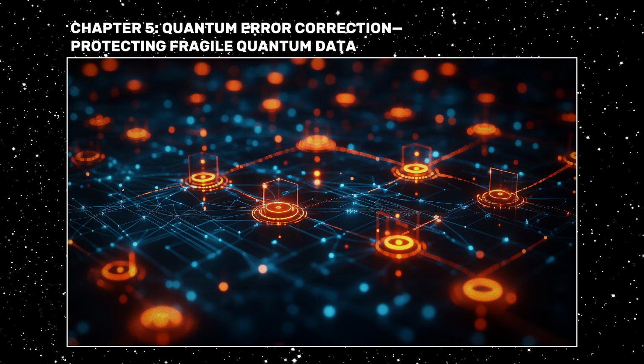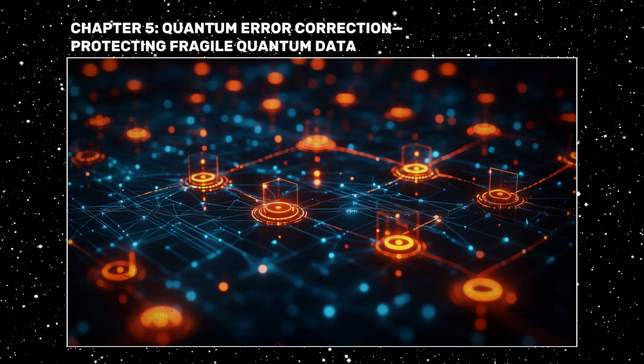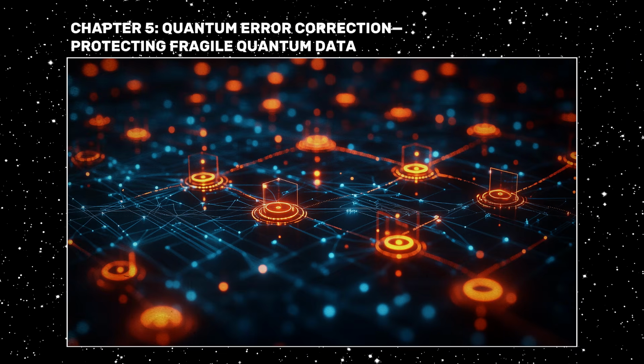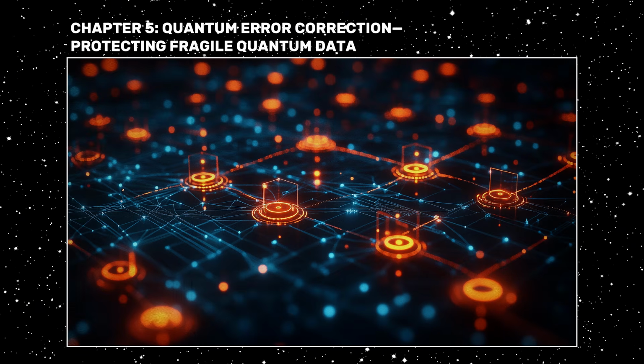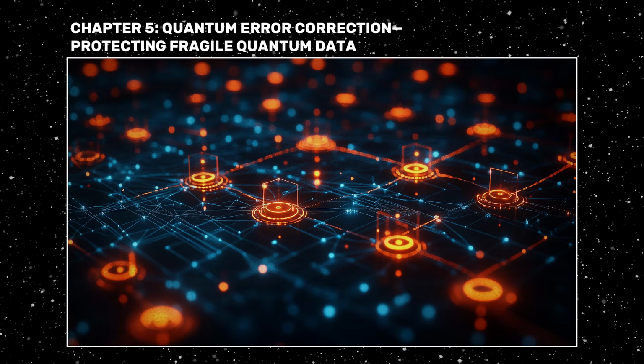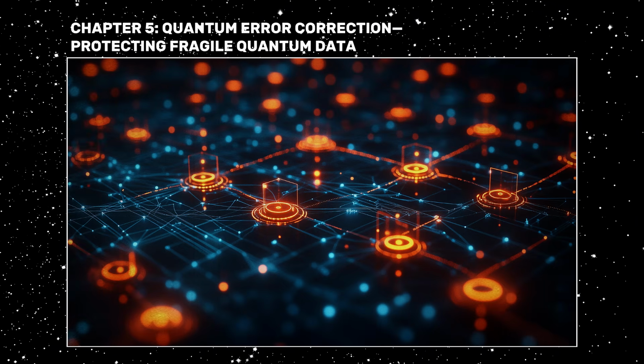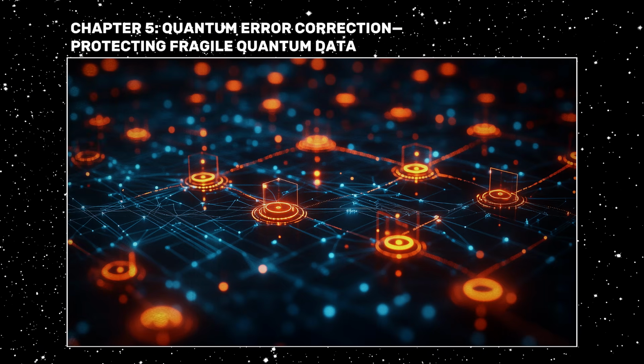Syndrome measurements extract information about which errors have occurred, while preserving the coherent superposition that carries computation. This delicate procedure protects the encoded information against noise processes such as bit flips, phase flips, and more general decoherence channels.